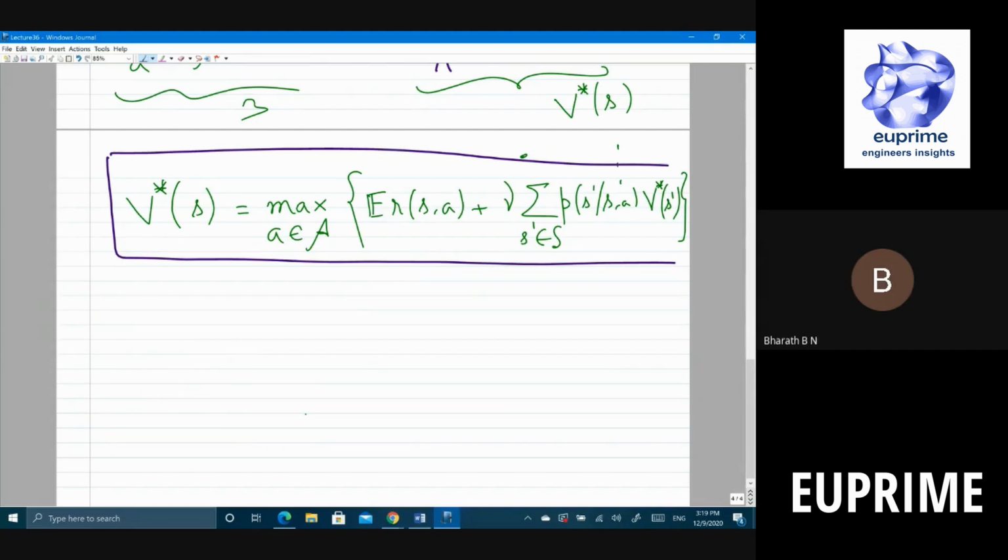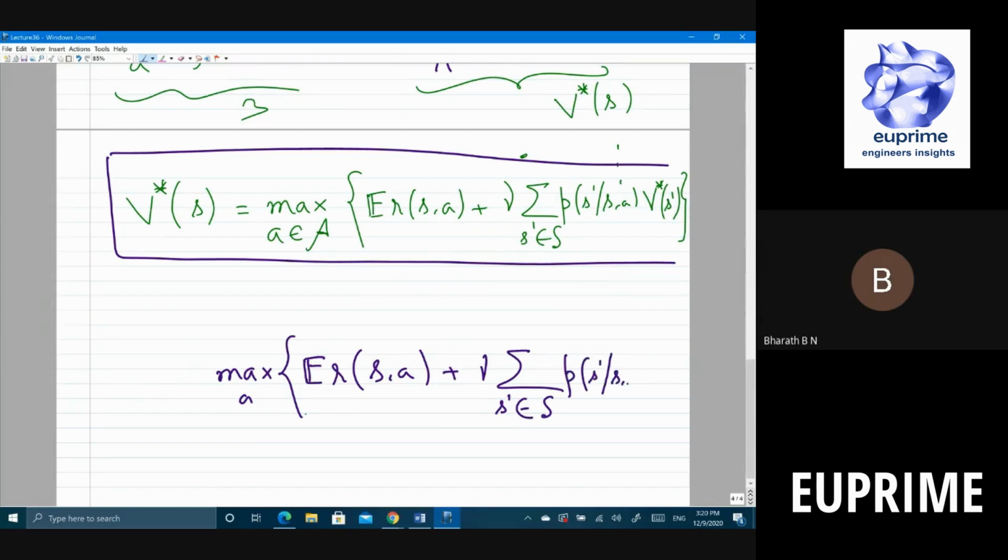So I'll write it like this: max over A, expected value of R of S comma A, plus nu times the sum over S dash belonging to S of this conditional probability times V of S dash.